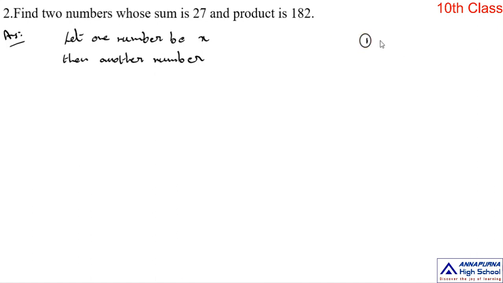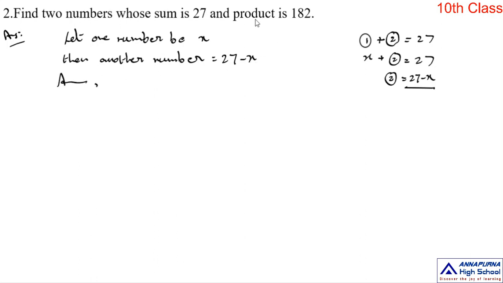So first number plus second number is equal to 27. One number is x, so we want the second number. So the second number is equal to 27 minus x. So the other number is equal to 27 minus x.